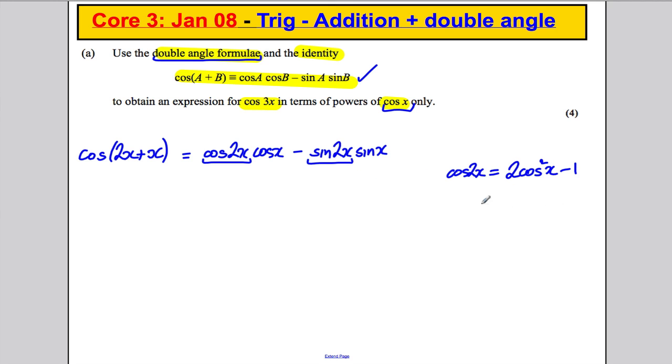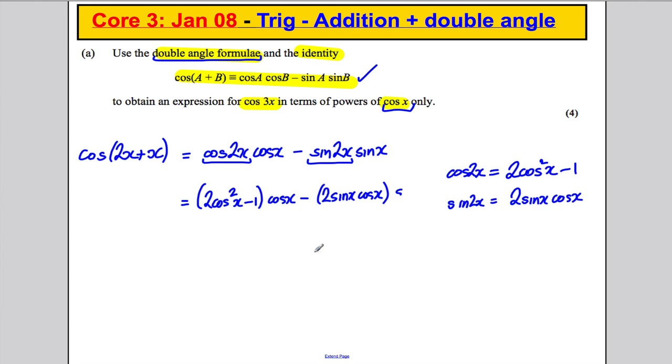And for this sine 2x, well, there is no formula for it just in terms of coses. It is simply 2 sine single x cos single x. So let's sub those in and see what we get. We would get 2 cos squared x subtract 1 multiplied by cos x, subtract 2 sine x cos x multiplied by sine x here.